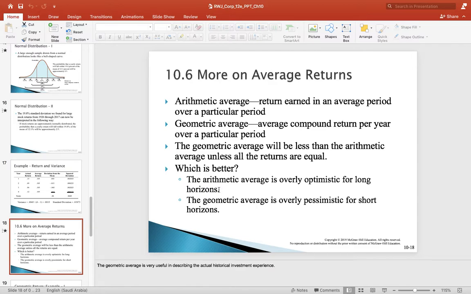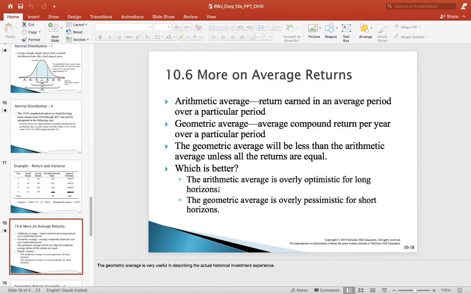On the other hand, you have the geometric average, which is averaging the compounding return per year over a particular period. Here, 1 plus R1 is multiplied by 1 plus R2, multiplied by 1 plus R3, to the power of square root or cube root, minus 1, which gives you the geometric average.